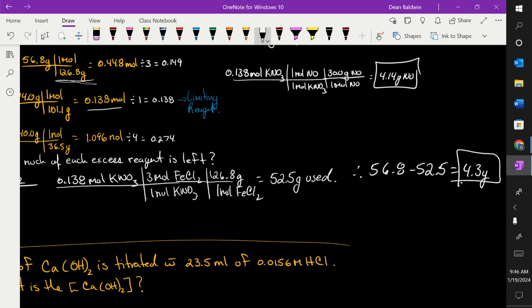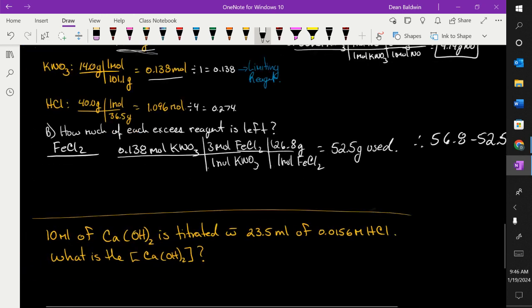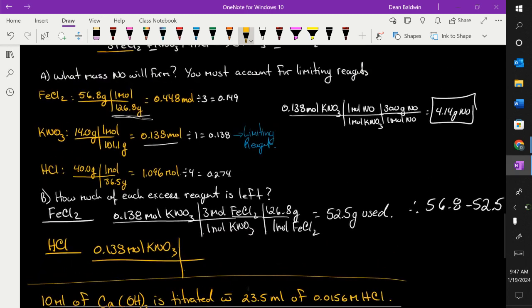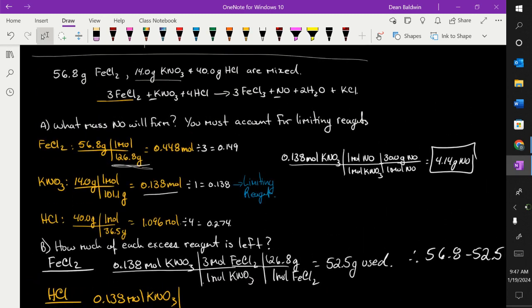Okay? And then you do the same for HCl. Do you want me to do it for HCl? I think we should do it for HCl. So, HCl, we'll do in yellow. Same number of moles of potassium nitrate. What's the mole ratio of HCl and potassium nitrate? It's 1 to 4.